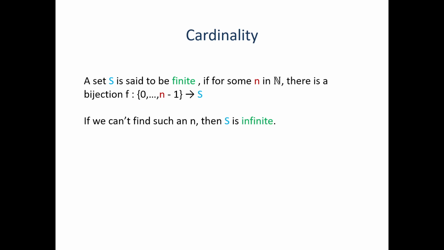If you can't find such an n, then S is infinite. So, for example, in the set Z of integers, you can't find such an n. You can't tell me, hey, n is 1 million, there you go, because no, you can even find more numbers.